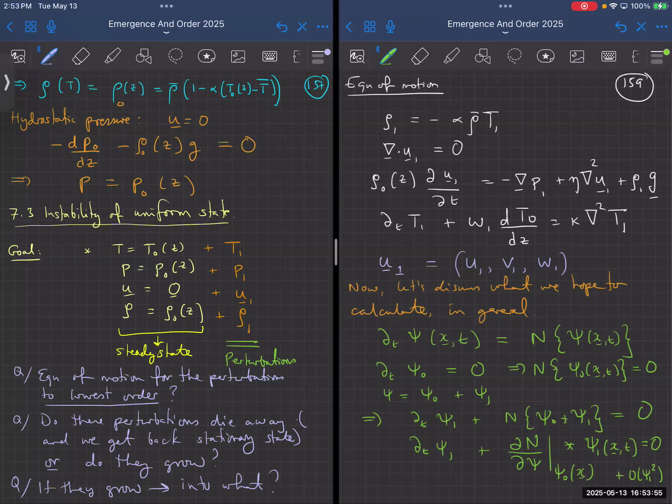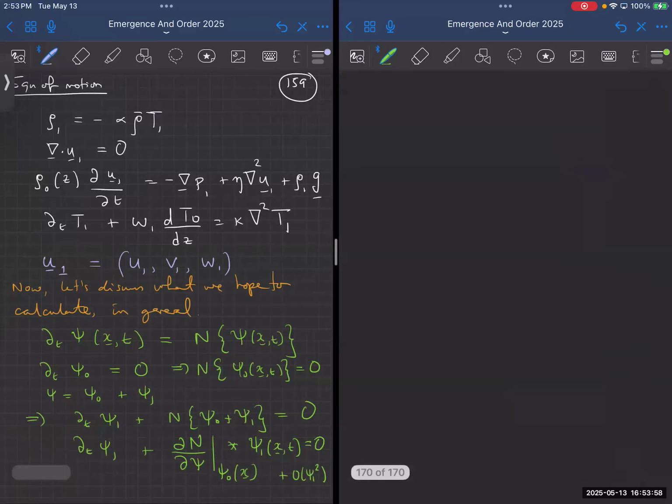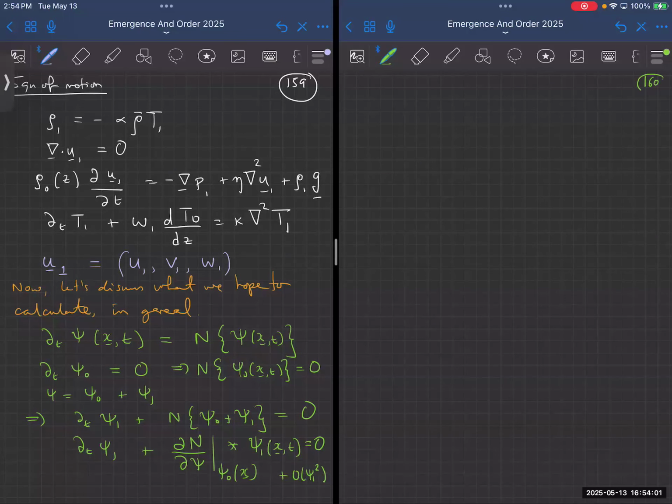So by construction, we've created a linear stability problem. I can think of this as being of the form d psi 1 by dt is equal to L, some operator, acting on psi 1 of x and t. And this operator L is the operator dN by d psi evaluated at psi naught of x. Okay, so this is a linear stability problem, and now I want to know what's going to happen if I make a perturbation.